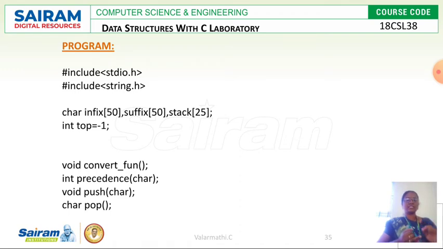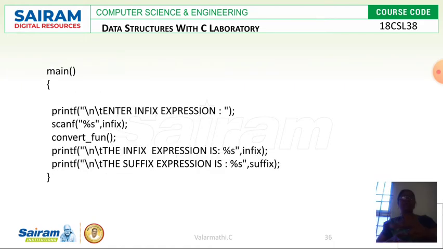Fine. So the next part is defining user defined functions. Here the convert function, the function for finding the precedence, the push operation, and the pop operation are the 4 different user defined functions that should be declared, and they are required for this concept. Then coming to the main program, the first step is to get the infix expression, right?